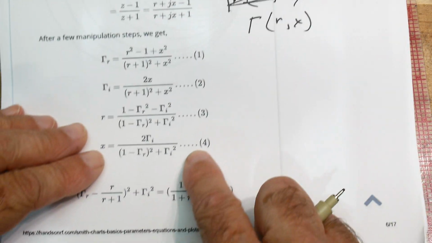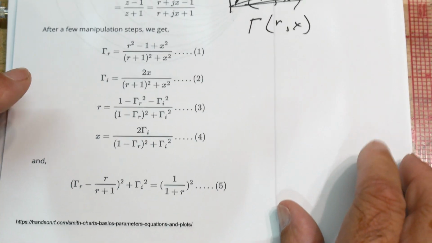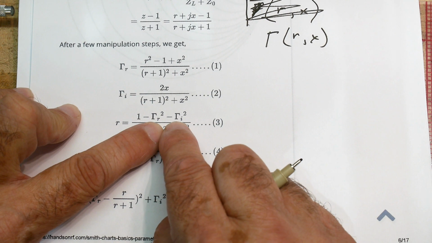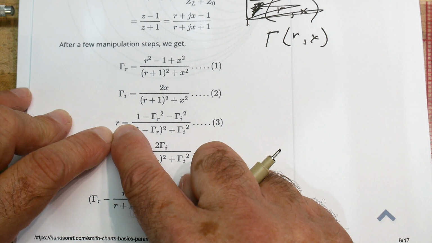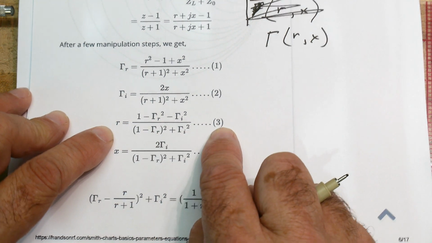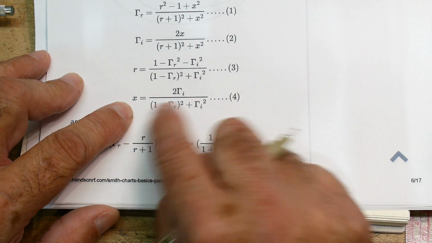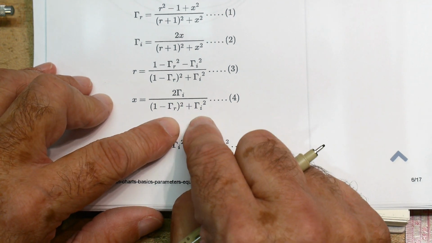Now there's going to be a bunch of equations, and it's basically going to say, if we know gamma, we can calculate little r. That's equation 3. If we know little x, the reactance, here's the relationship with gamma.